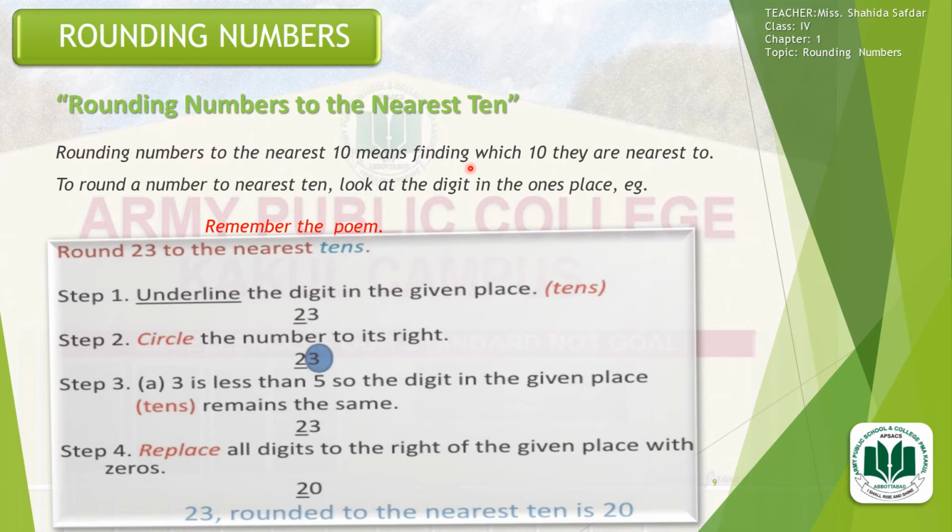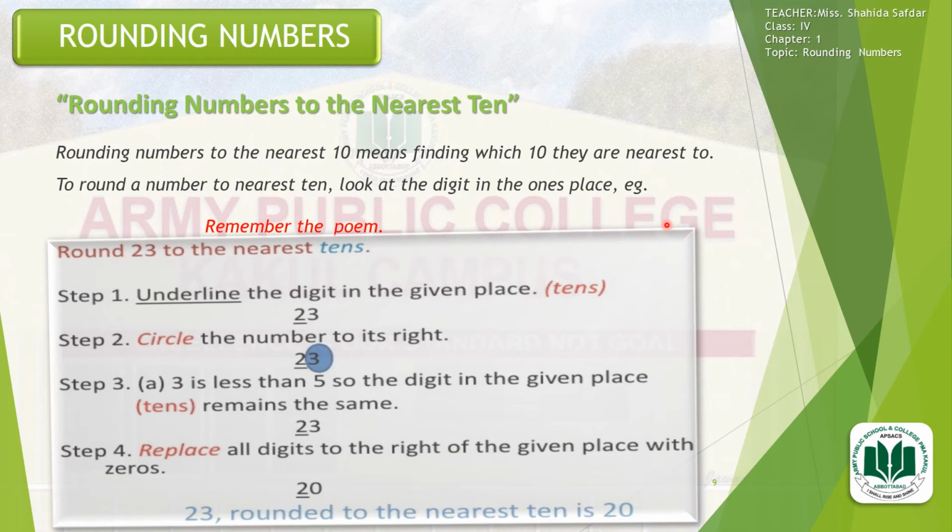You all know that there are always two values of 10 for a number. One is the lower value of 10 and the other is the higher value of 10. I am giving you an example. For example, if the number is 13, it lies between two numbers.